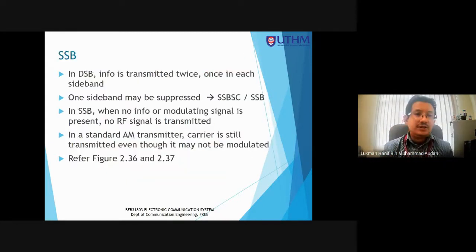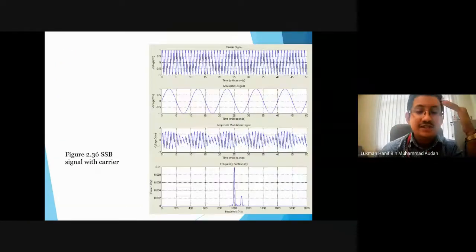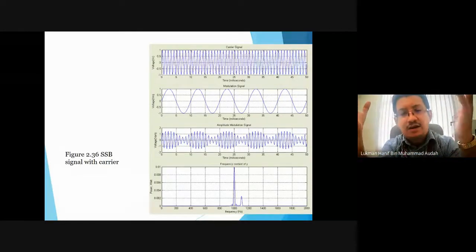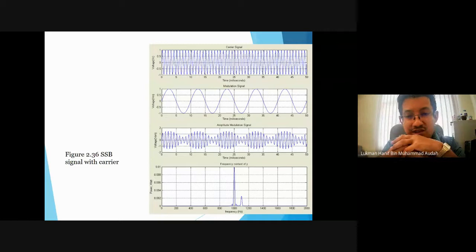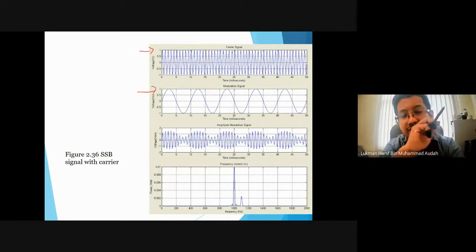Okay, so we go to the single sideband. Tadi kita kena lihat pula single sideband. Single sideband ada dua jenis macam saya terangkan tadi. Ada single sideband with carrier dan ada juga single sideband without carrier. Okay, so dalam case ini apa yang kita boleh lihat di atas, yang pertama ini adalah carrier, yang di sini adalah modulating signal ataupun information signal, dan di sini adalah Vsb with carrier.